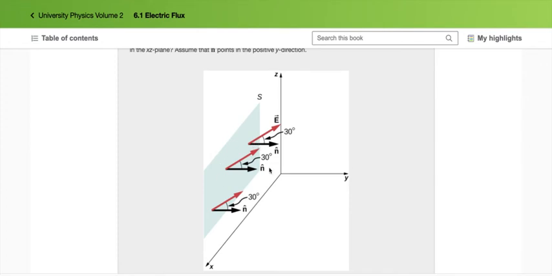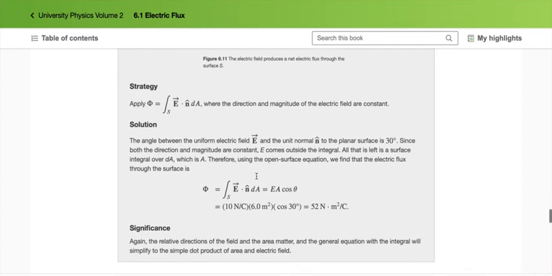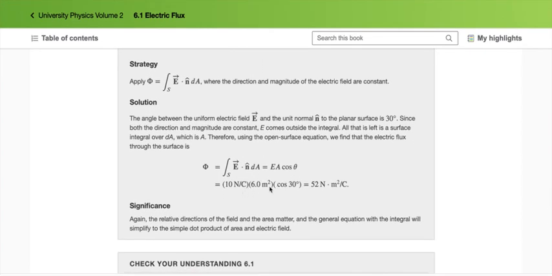So in this case, the flux through that surface will be E times the area times the cosine of this 30-degree angle. And we would get this number, 52 newton meters squared per coulomb.